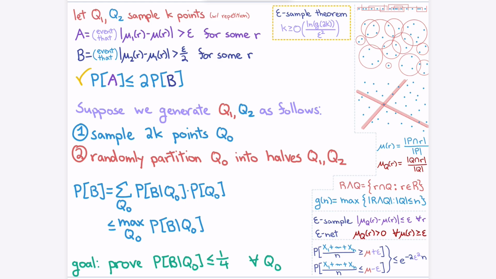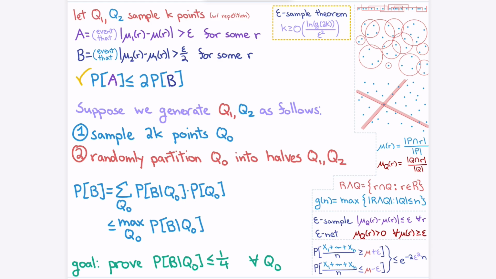Okay, so what's the advantage of B given Q0? What's so helpful about the given Q0? Yeah, so there's only a limited number of ranges induced by Q0. So I'm worried about the two samples getting any range out there wrong.